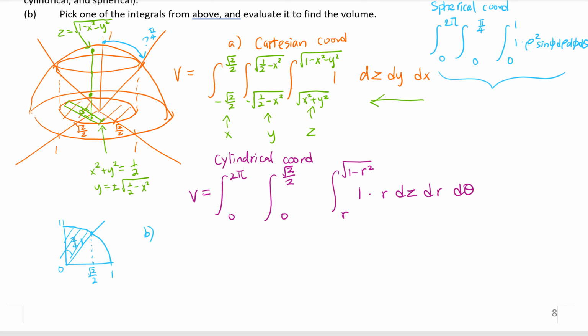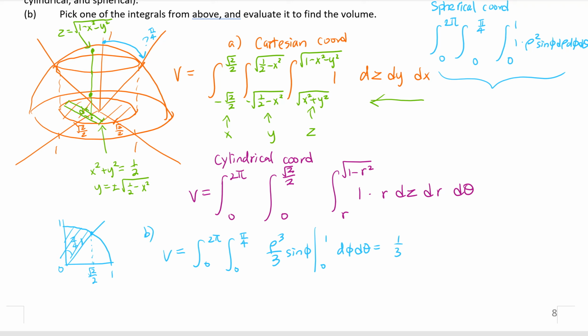So part B, you'll compute using the spherical coordinates. So first we're going to integrate the rho, right? We get rho cubed over 3 sine phi, with rho from 0 to 1, d phi d theta. Well, we plug in 1, we get 1/3. We plug in 0, we get 0.